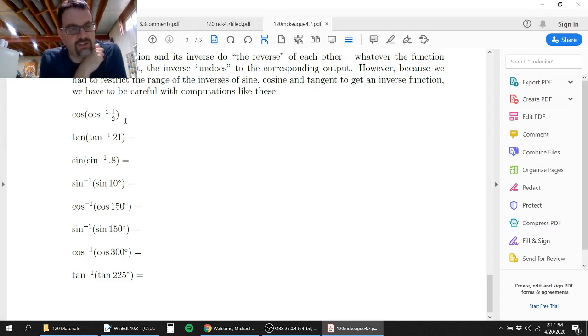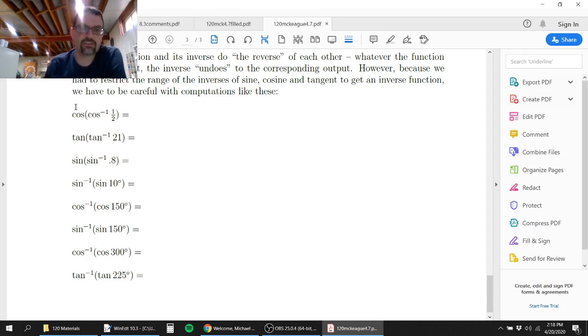So cosine of the inverse cosine of a half. So the inverse cosine of a half is an angle whose cosine is 1/2. Now in particular, if you did that on your calculator, it would say 60 degrees, or pi over 3 if you're in radians. But the whole point of the result is that it's the angle whose cosine is 1/2.